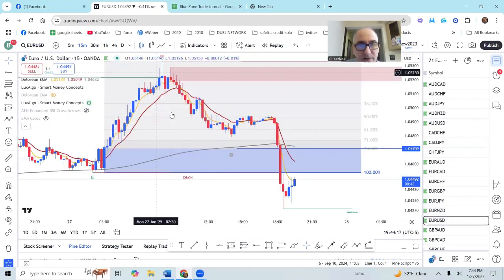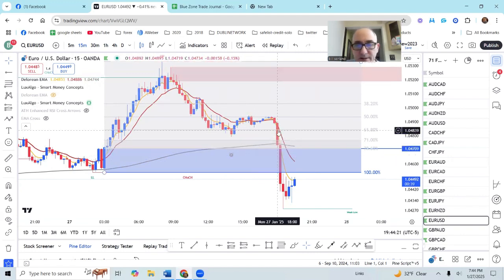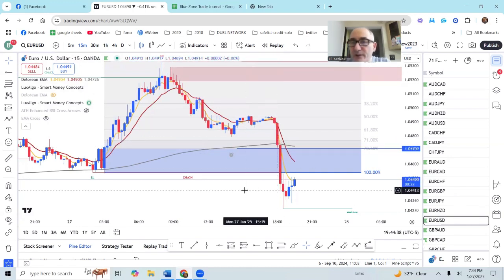EURUSD. Now here's another one where an alert went off, the blue zone was hit, the price again went right through it. And you can see here that, and this is why we don't want to set limit orders and just take trades whenever price hits our blue zone, because a lot of times this will happen. Price will just move right through that area.